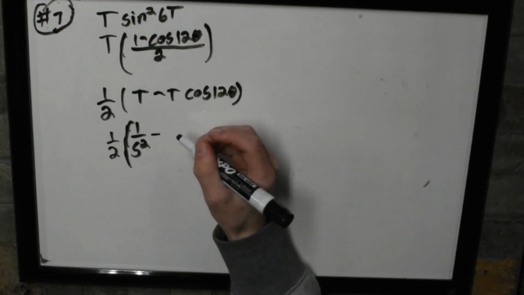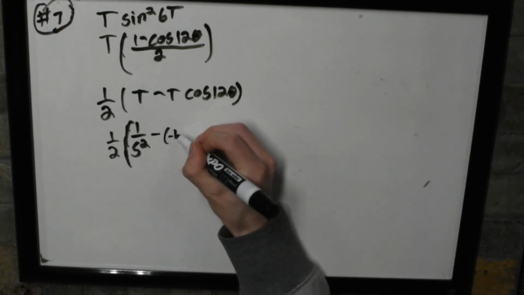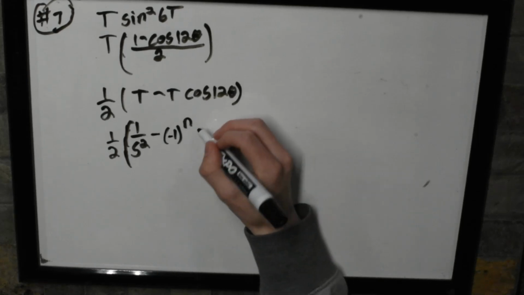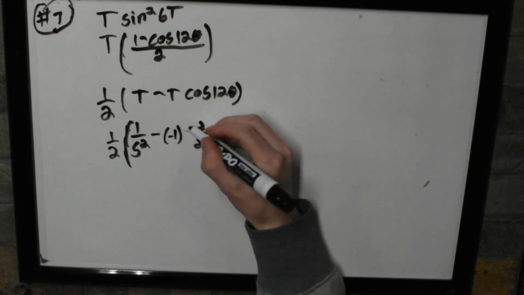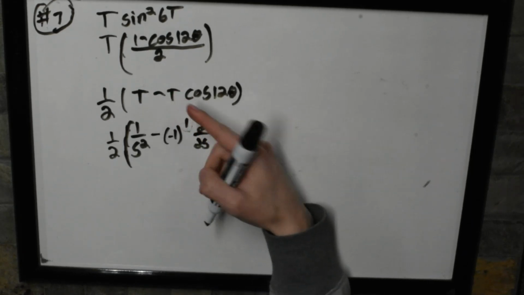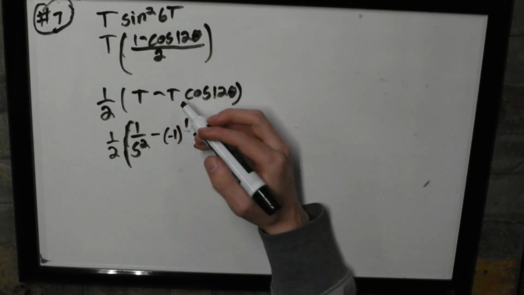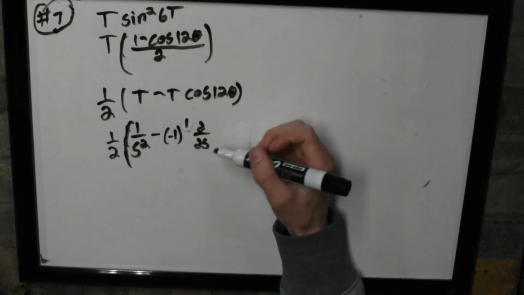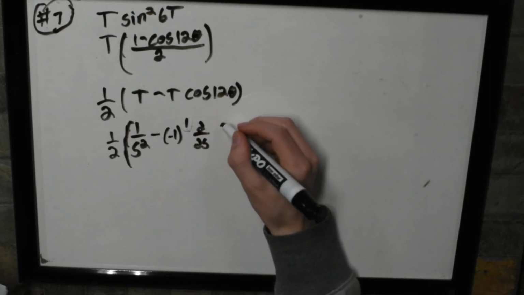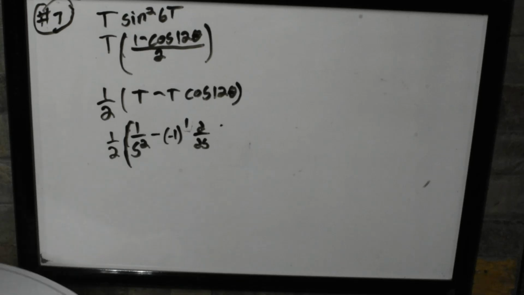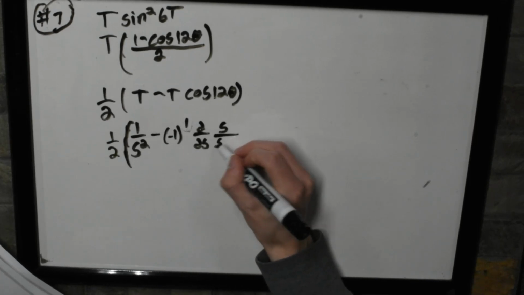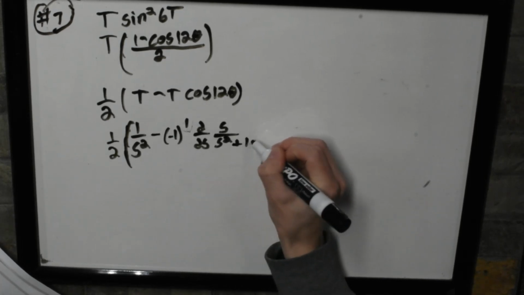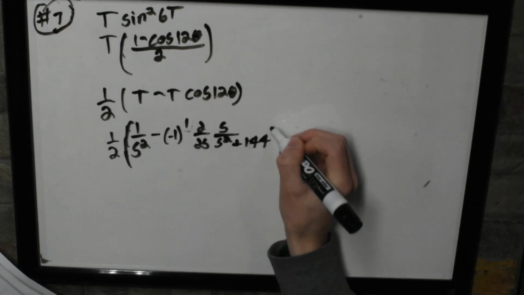So this minus is going to stay out in front, and we're going to get negative 1 times n d ds. N is just going to be 1 because it's t to the first, and we take the first derivative because it's t to the first. And the Laplace transform of cosine 12t is just s over s squared plus 144.